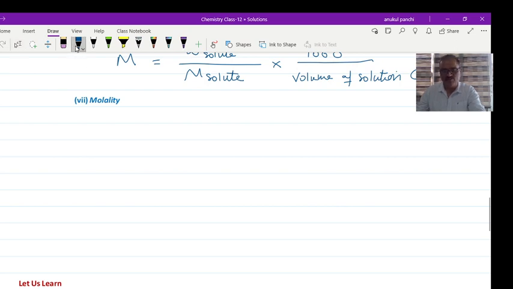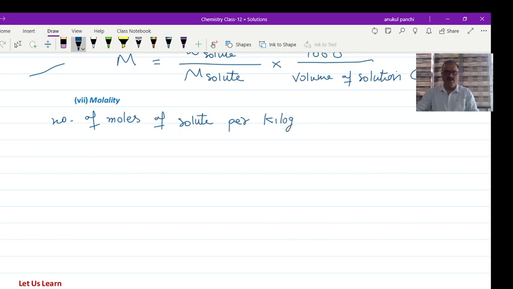Molarity was defined as number of moles of solute per liter of solution, and molality is defined as number of moles of solute per kilogram of solvent. You know, kilogram is a unit of mass, and solvent is solution minus solute, only solvent. These things are to be kept in mind.